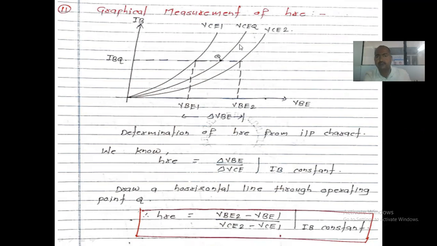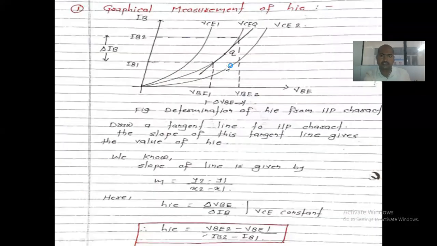So the VC value is constant. When we take out this value, whatever the value of VC equal to 8, 10 and 12, that value is for the different conditions VC2, VCQ, VC1.